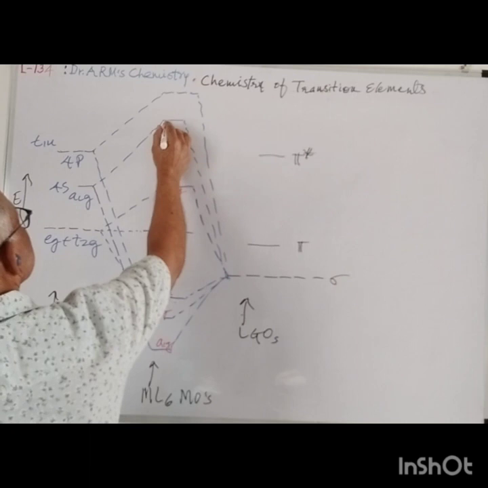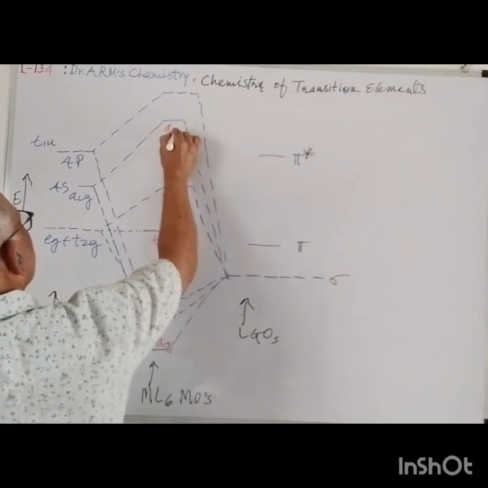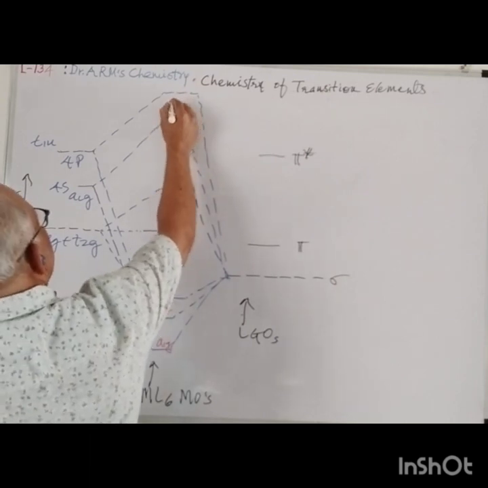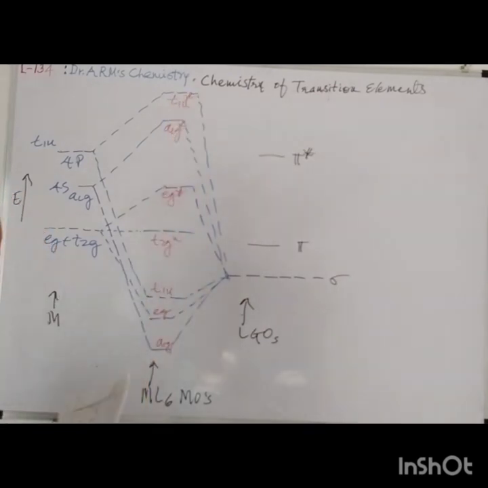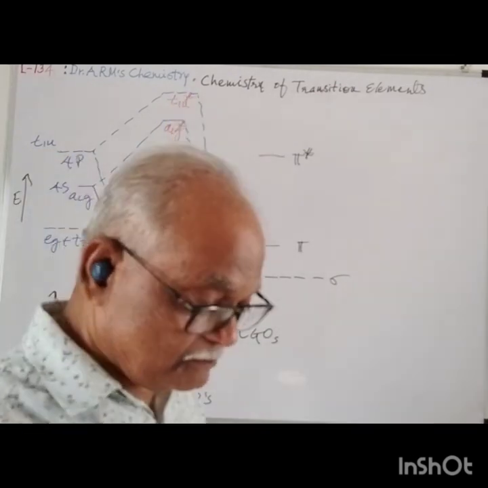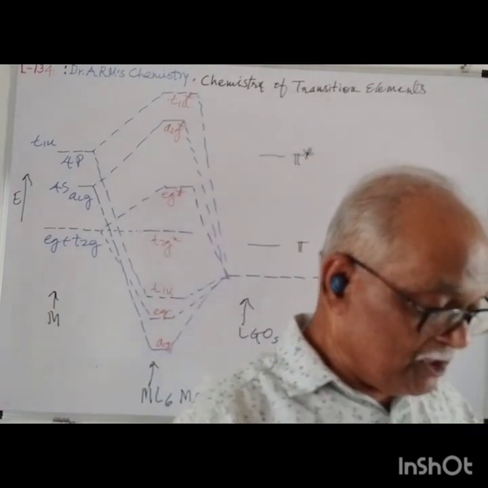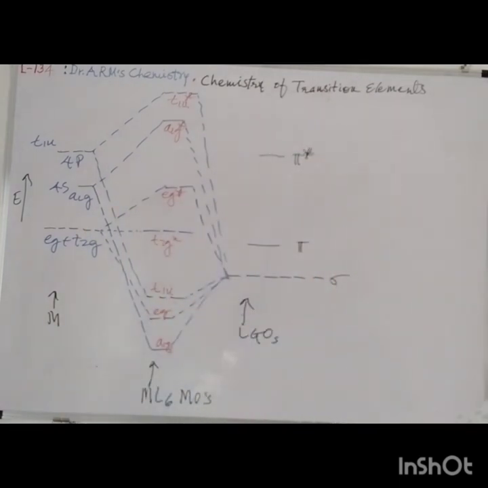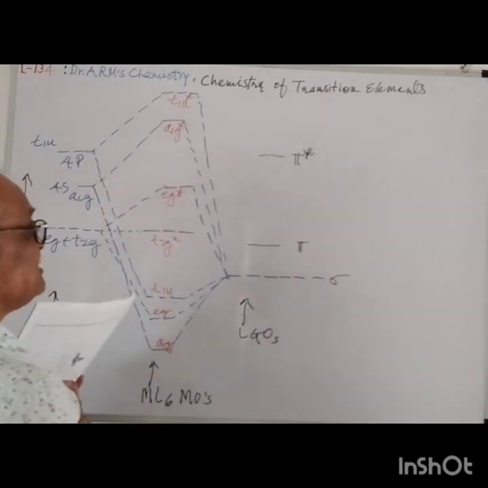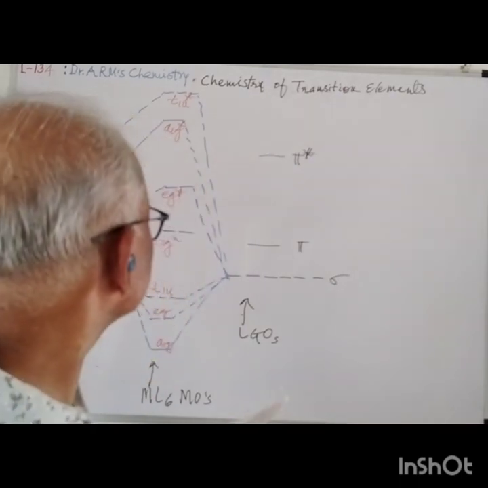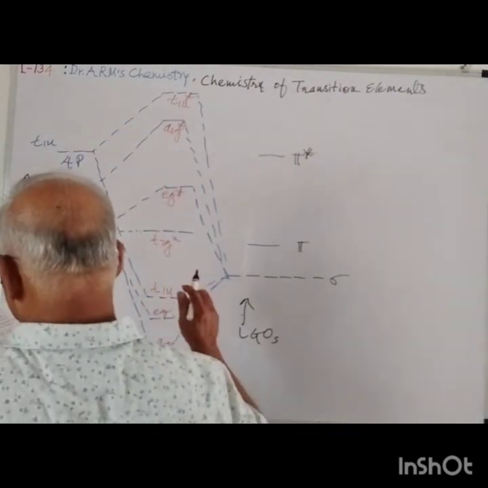This is A1g star, and this is T1u star, that is antibonding. So here we will have the orbital, that is this pi star.